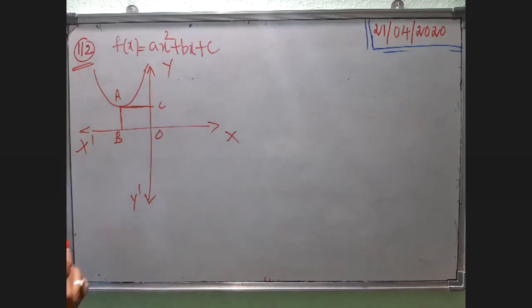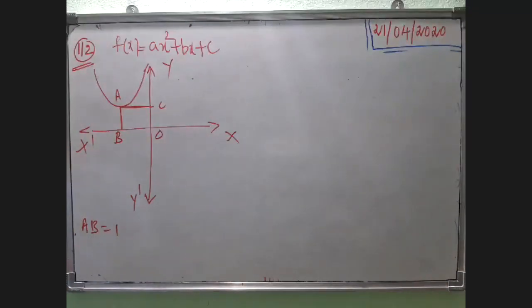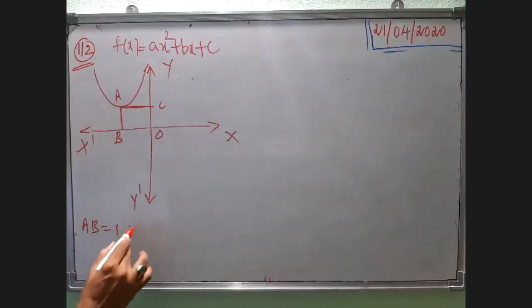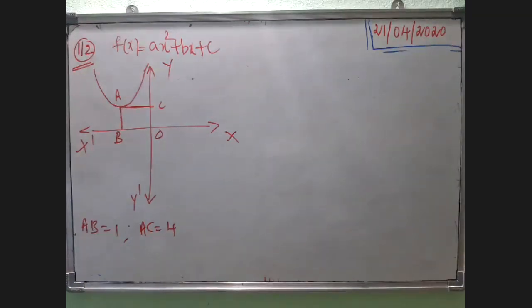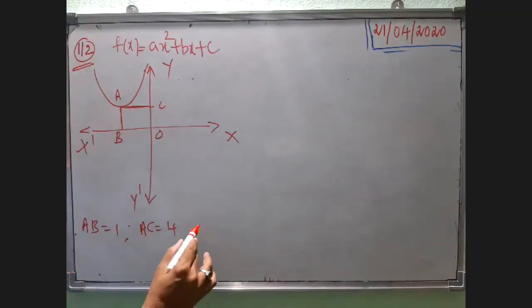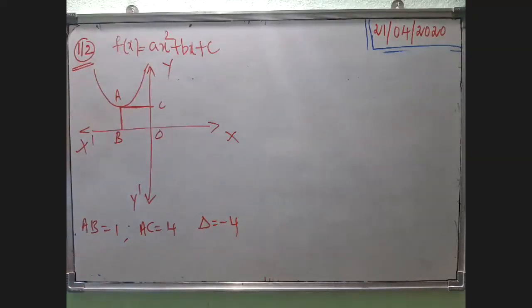AB equal to 1. AB value is 1. This value is 1. And AC equal to 4. B square minus 4AC equal to delta equal to how much? Minus 4. Delta means B square minus 4AC.